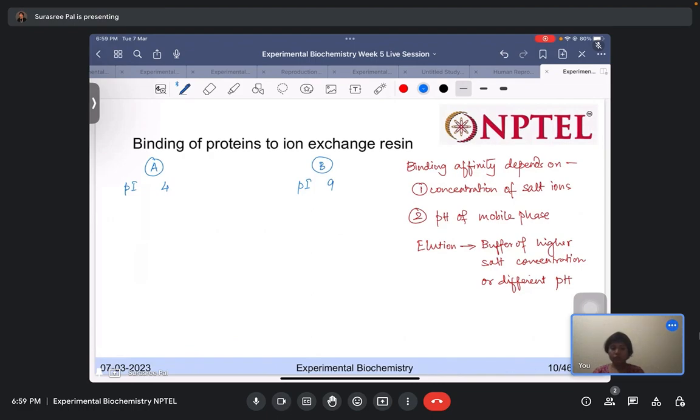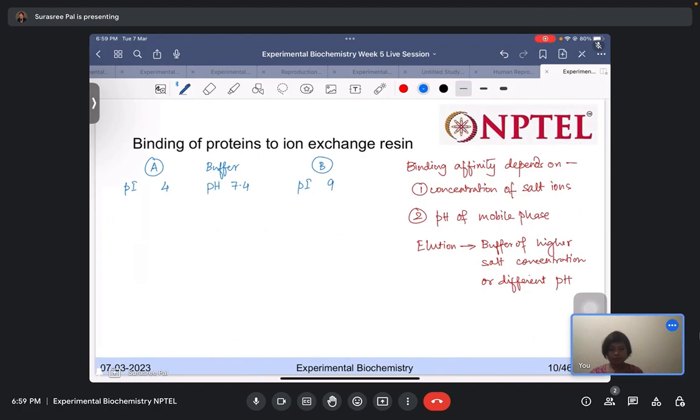Yes, we can. So we need to select the pH of the buffer very carefully in which we will carry out this elution. Suppose our buffer pH is 7.4, right? If the buffer pH is 7.4, then what will be the charge on protein A and what will be the charge on protein B?